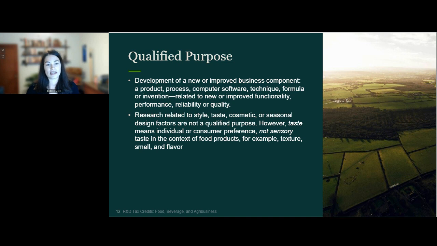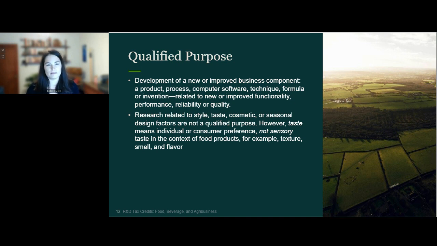So that project can be a product, process, computer software, technique, formula, or invention. Really, is it new or improved to you? And specifically, I want to emphasize, is it new or improved to you, the taxpayer, the company, because it does not need to be wholly new or an improvement upon existing technology on a state, national, or global scale, only to the taxpayer.